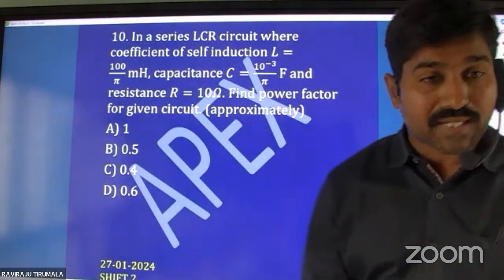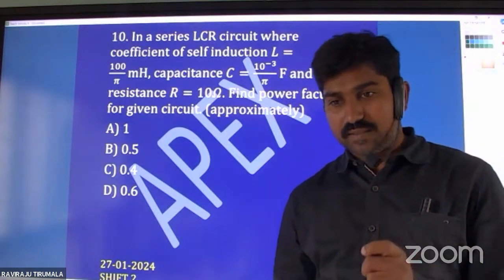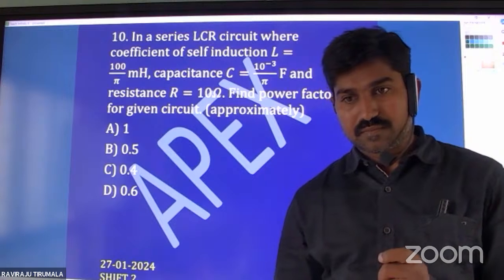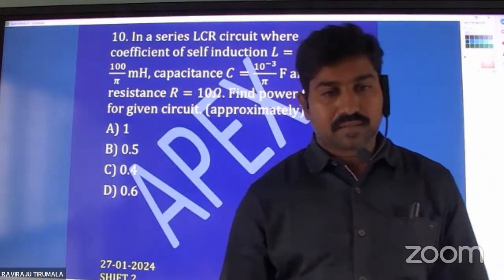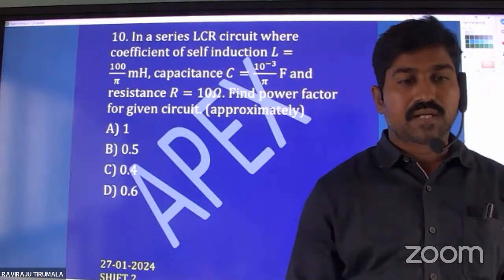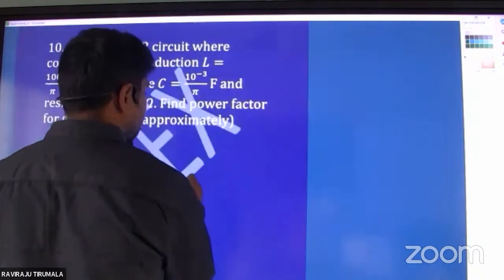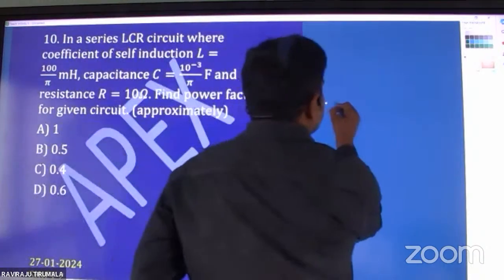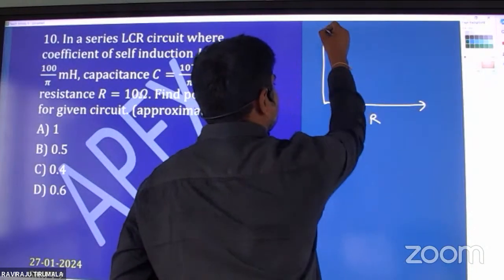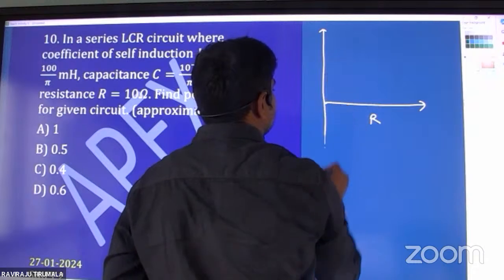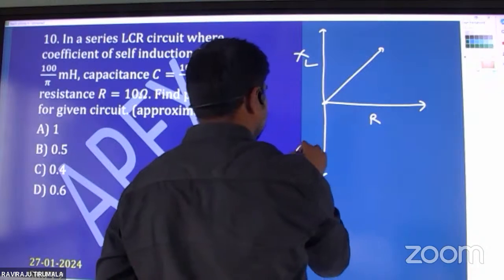What is the formula for power factor? Power factor formula is cos theta, R by Z only. If I consider all the three things, this is R. This is the resultant of L and C, and of course L, C you can write as XL, XC.